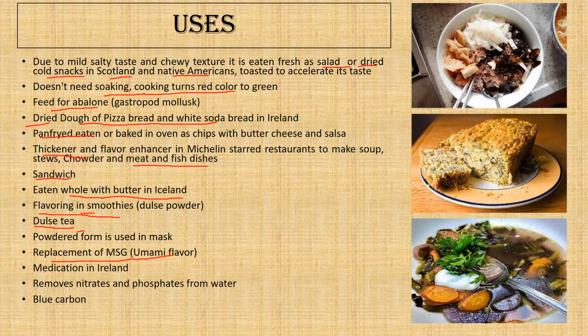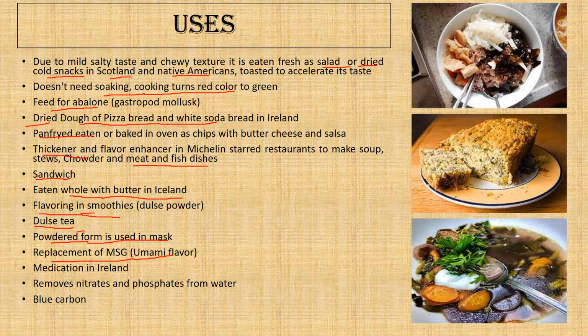This dulse tea is very therapeutic because of the high nutritional content in it, and because it has a high concentration of various types of vitamins. Dried dulse is also used as an ingredient in face masks.